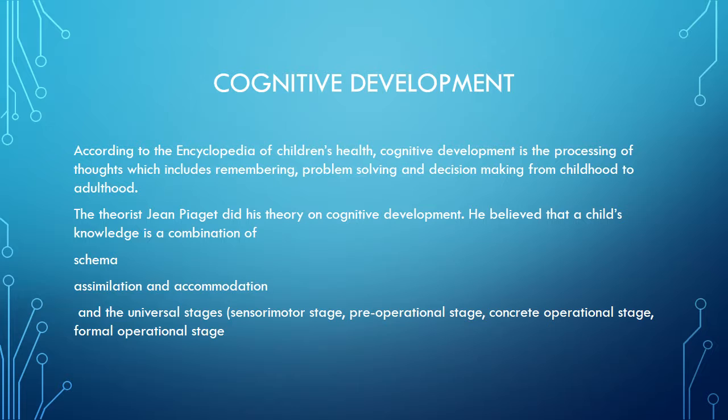With Jaheem being 4 years old, he's at the pre-operational stage. According to Piaget, a child at this stage thinks symbolically and uses words and pictures to represent objects as well as gets better with language and thinking. Jaheem, however, does not demonstrate any of those activities.